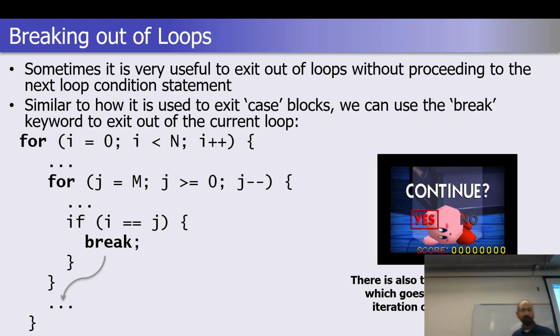Break says, if for whatever reason, if there's an if statement guarding it or not, get out of our loop. I'm done with this loop. I guess you could argue prematurely done with that loop. My plan was, for this example of a double nested for loop, that I have my outer loop that's of size n, and my inner loop that's of size m.